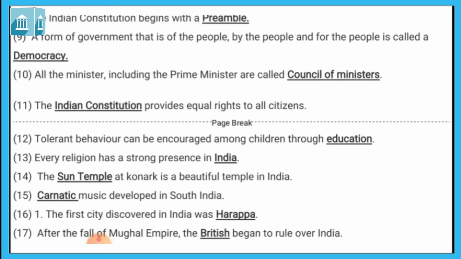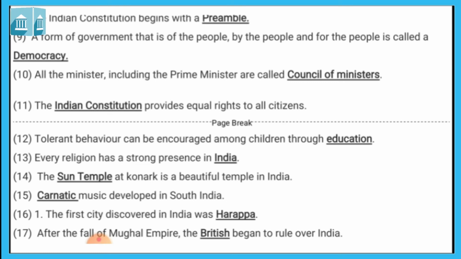So this is the definition of democracy. The people of India make the government, they are part of the government, and it is made by the people. We vote to form the government and it works for the people. So this is the definition of democracy: a form of government that is of the people, by the people and for the people.